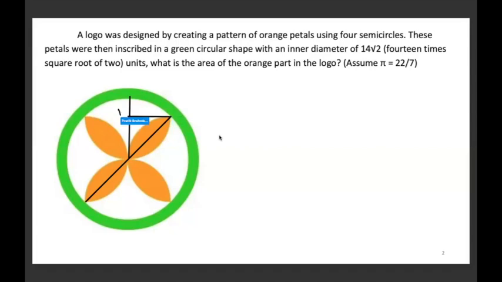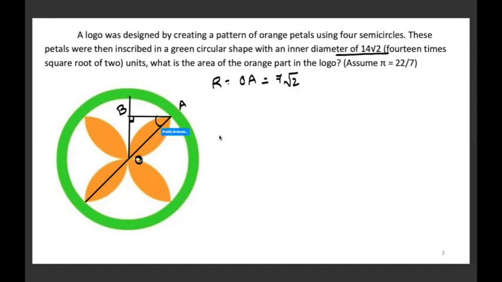Let's name this triangle as O, A, and B. What we know here is the inner diameter is 14 root 2. What it means is the radius OA will be 7 root 2, half of the diameter.